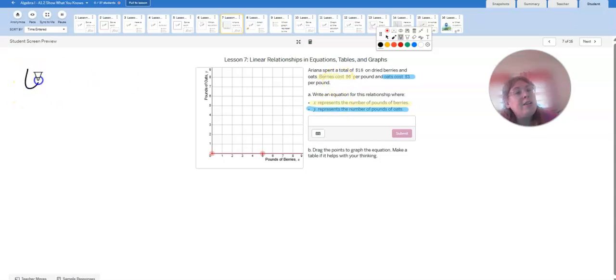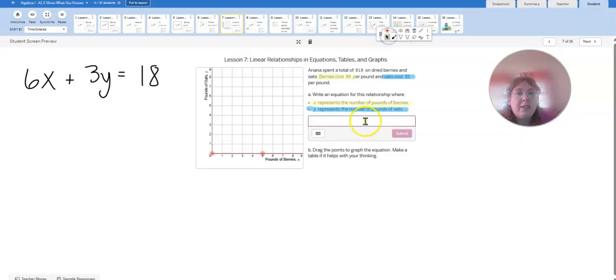So berries is $6 times x plus $3 for oats times the number of oats, and that's going to be equal to 18. Beautiful.